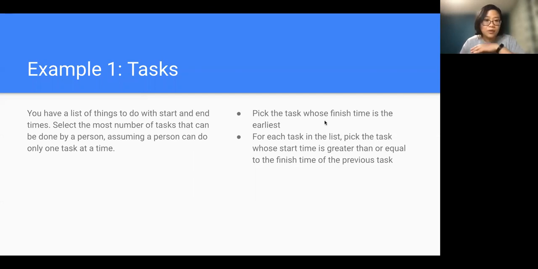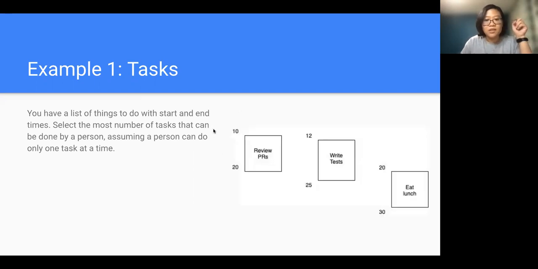So how we want to go about it is, we pick the task whose finish time is the earliest, because that's the first task we want to do, since time is increasing in value. And then for each task in this list, we want to pick the task whose start time is greater than or equal to the finish time of the previous task. So we pick the task that finishes the earliest, which is here.